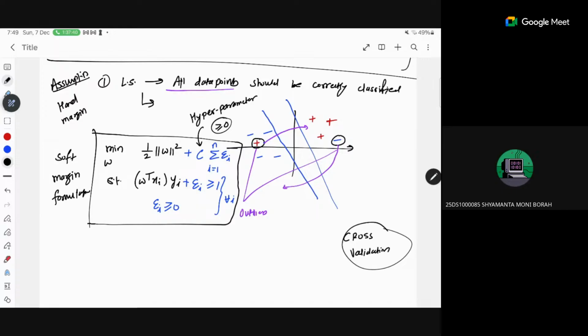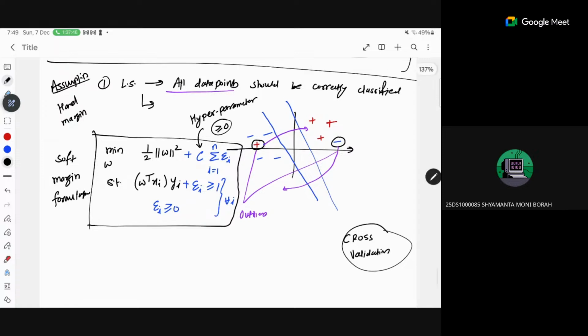Is that okay? What we are doing is paying a certain bribe. And why is it greater than or equal to 0? For all those points which are correctly classified, what is the value of epsilon i for correctly classified points?